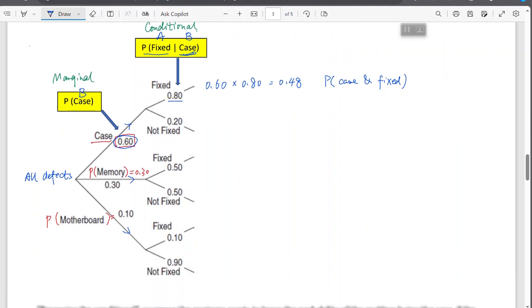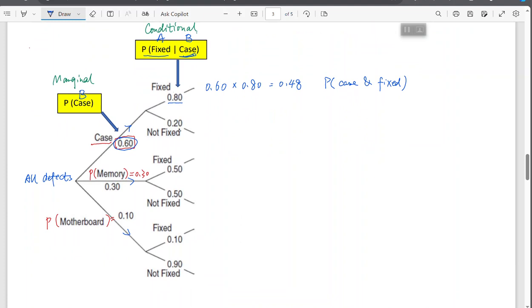Right? So similar idea, the next direction: if it is a case alignment problem, then 20% of them cannot be fixed, right? So if I multiply these two together, 0.60 times 0.20, which is 0.12.